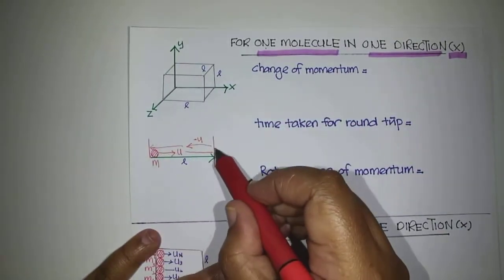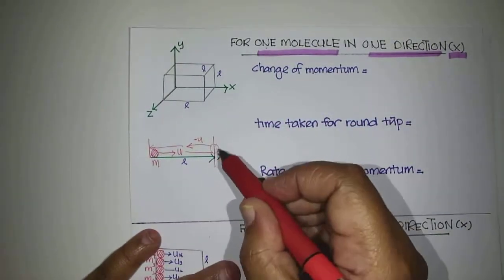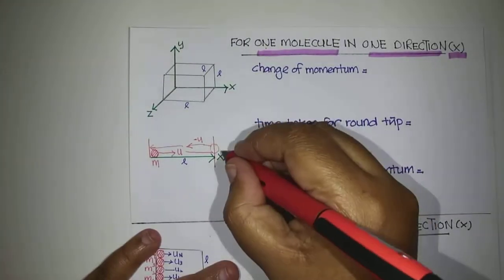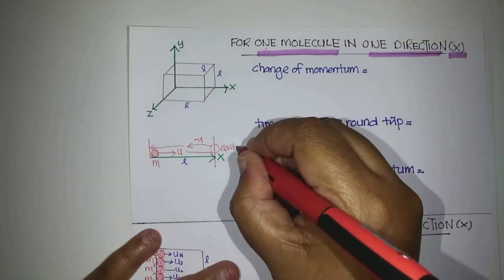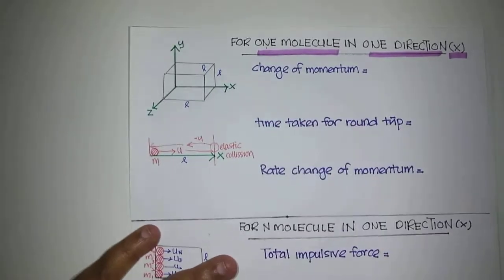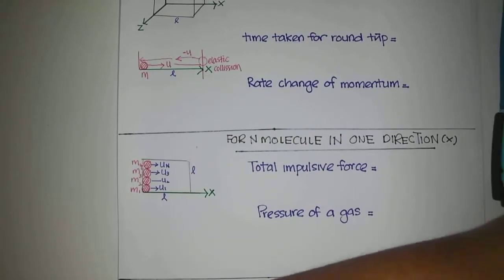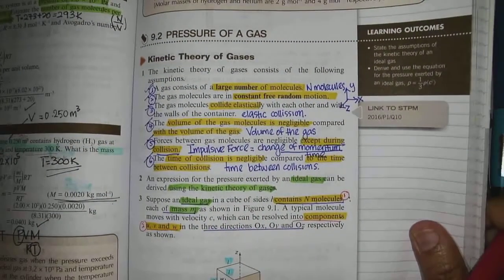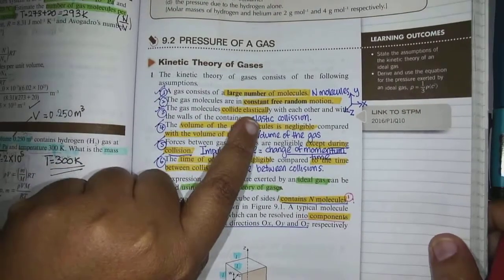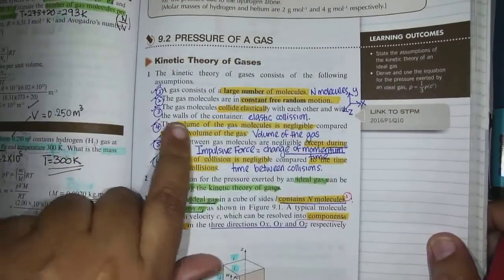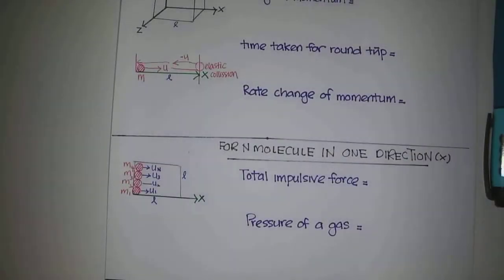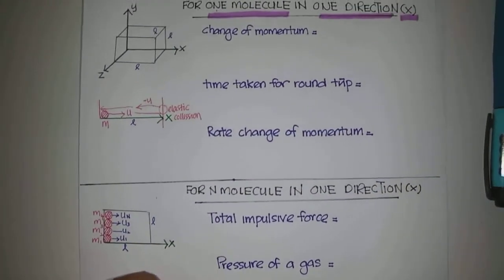That means this is an elastic collision, which is according to the kinetic theory of gases, assumption number 3: the gas molecules collide elastically with each other and with the wall of the container.